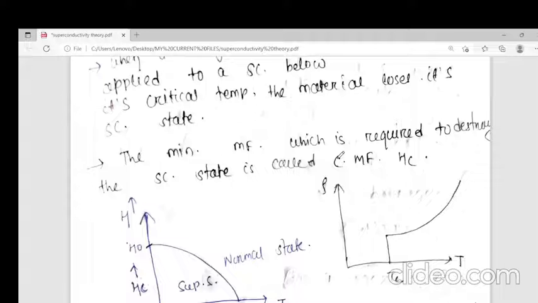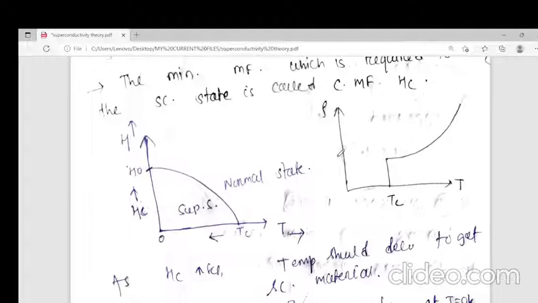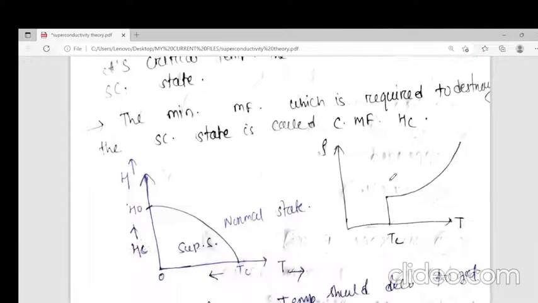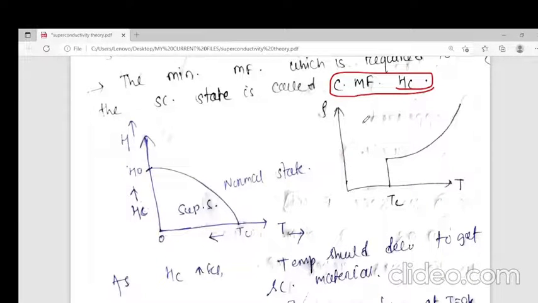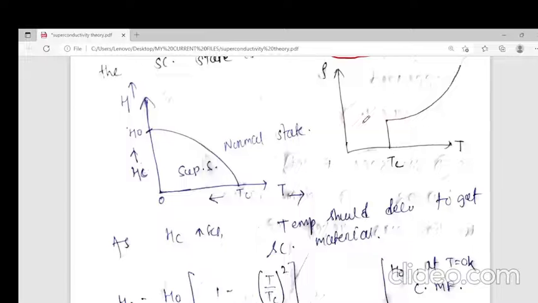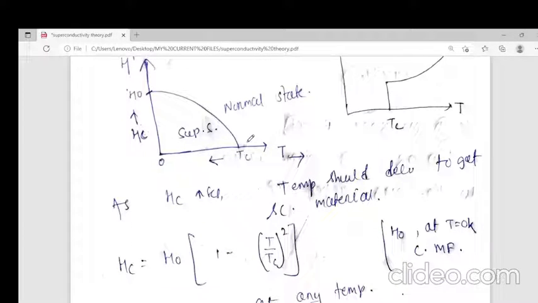So what is Hc? Hc is the minimum magnetic field required to destroy the superconducting state, called the critical magnetic field. If we plot the graph between Hc and T, as Hc increases, Tc decreases. So the graph is like this.